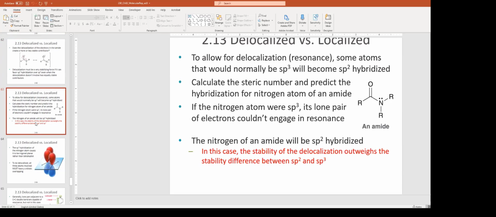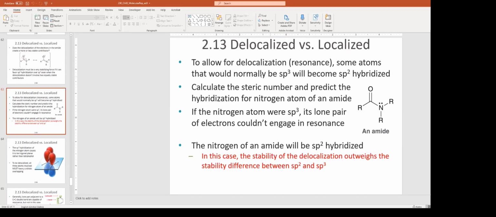So that's what I was just saying right there. Because of delocalization or resonance, sometimes things that we predict to be sp3 would actually be sp2. And resonance is the primary reason for that. So we already talked about that this is sp3, but it really couldn't engage in resonance if it was really sp3.